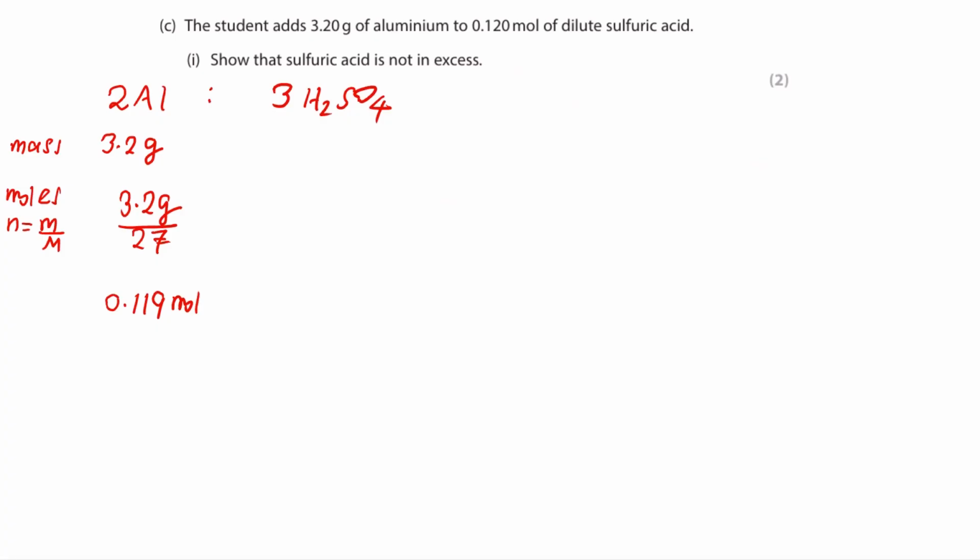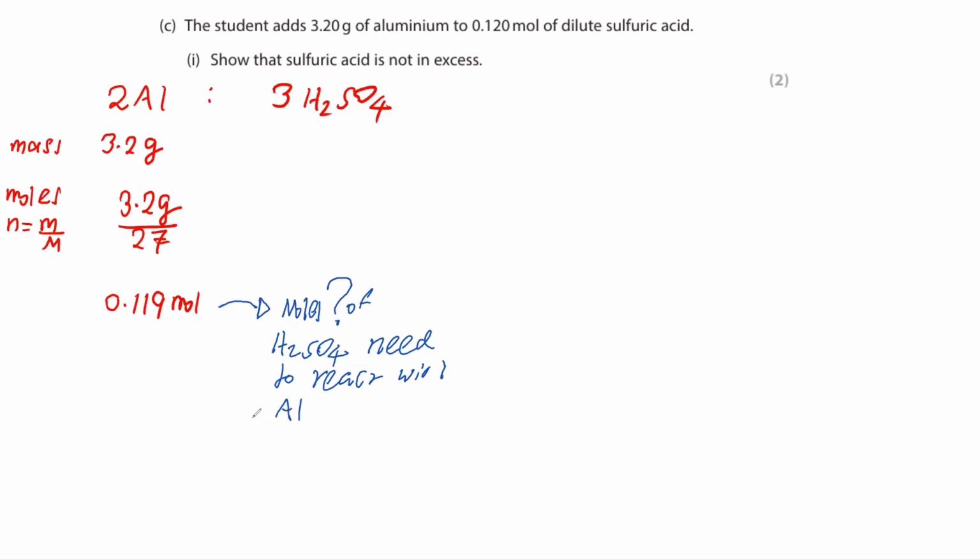Now the next question. If I add 0.119 moles of aluminium, how many moles of sulfuric acid do I need to react? Right, that's the question. So we are going to find the moles of H2SO4 needed to react with aluminium.